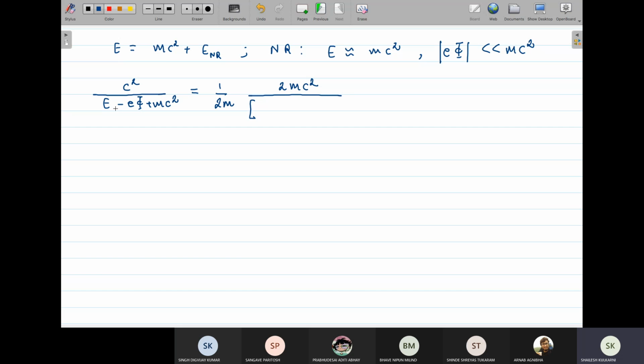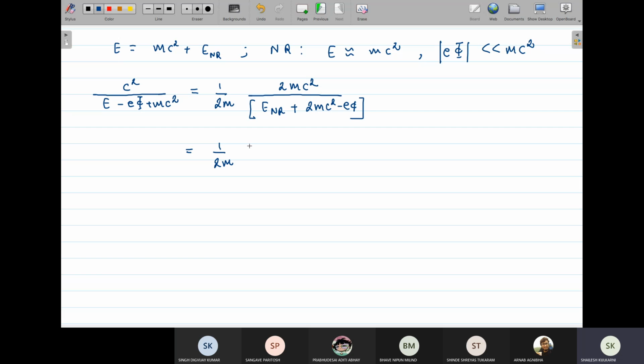What I will do, I will write this E as mc square plus ENR. That mc square will add with this mc square, so it will be twice mc square here, and ENR. So I will get ENR plus 2mc square minus e phi. But this is equal to 1 over 2m.